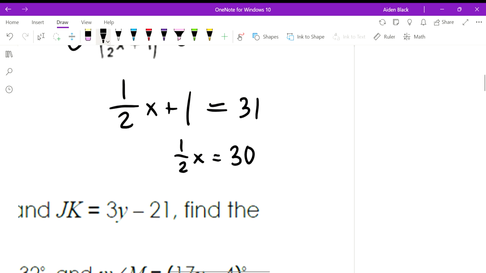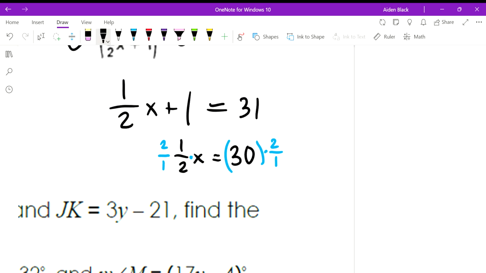And in case you can't think of it that way, that's okay. Just know, right here, x is being multiplied by 1/2. So what we need to do is multiply by the reciprocal. So we're going to multiply by 2 over 1. If we did it to that side, we need to do it to this side too. Multiply by 2 over 1.